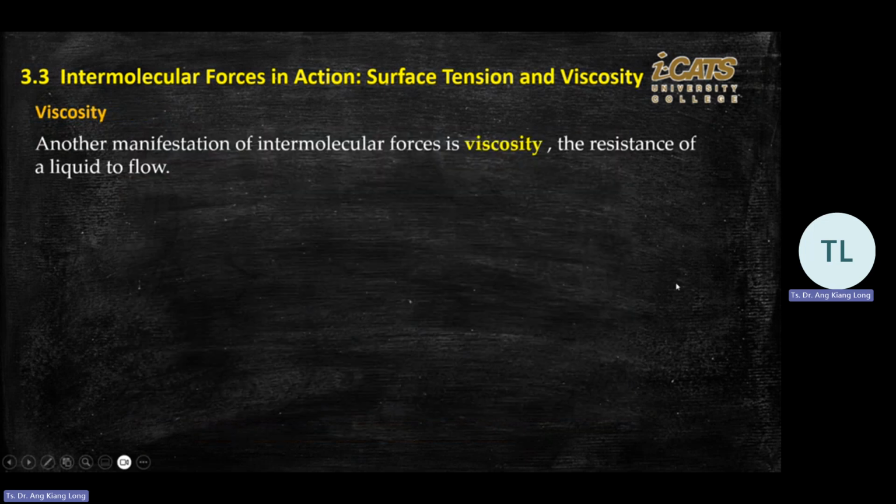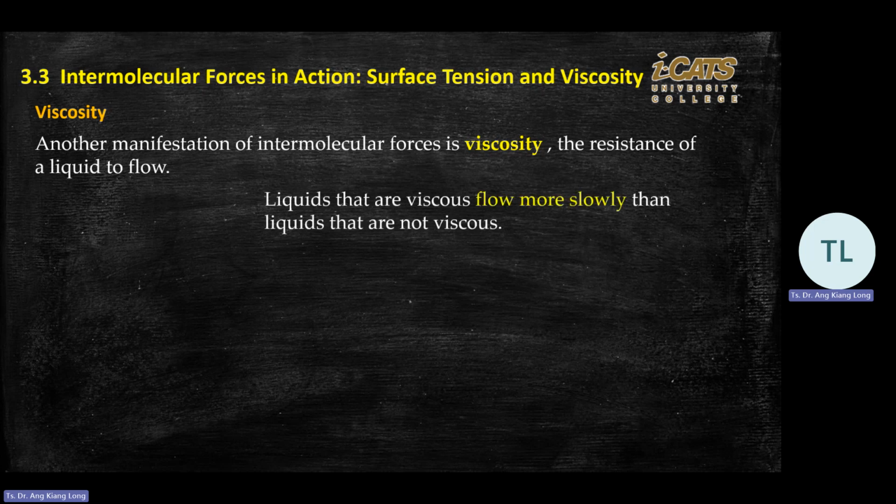Okay. Just now we looked at surface tension. Now we look at viscosity. What is viscosity? The definition of viscosity is the resistance of a liquid to flow. Right? So if you say the liquid is more viscous, then they flow slower.